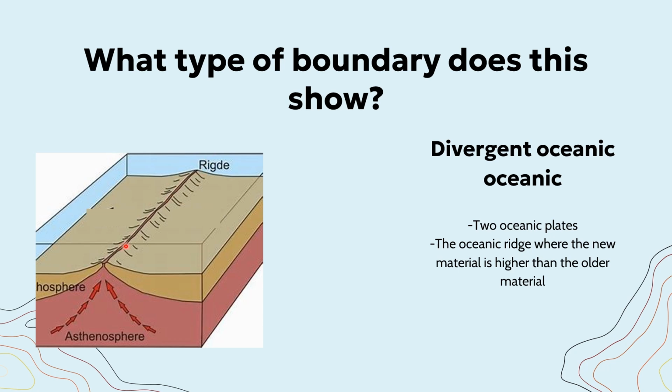But earlier in the slideshow I said that new crust is always less dense and therefore thicker. It rises a little bit more. So you can see that by the two oceanic plates moving away from each other and the mantle creating new seafloor.